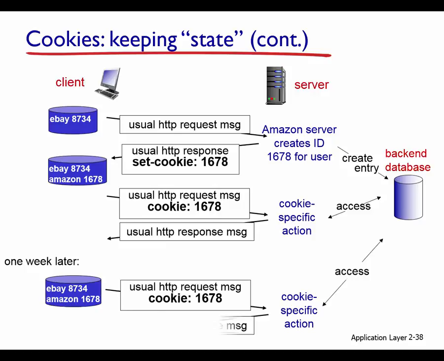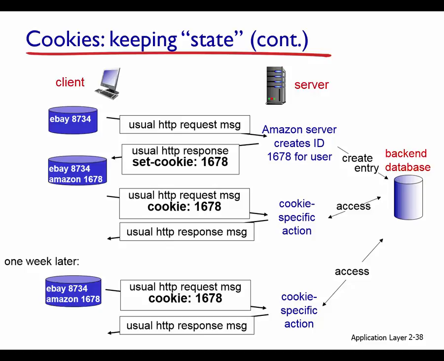And then a week later, that same user can go back to that URL. So what the browser does, when you go to that URL, it looks up to see, yeah, I have some cookie information for that site, so I'll send my cookie ID to that server.